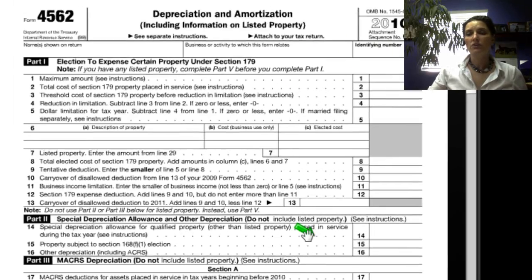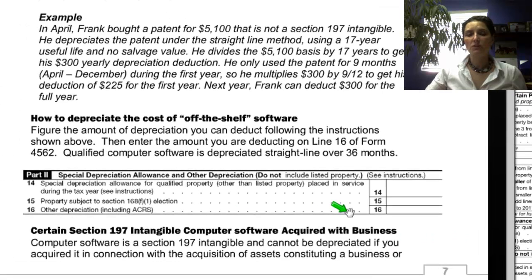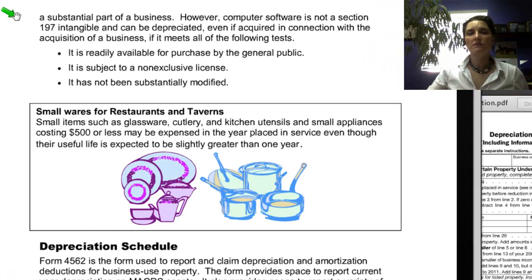Of course, looking over at Form 4562, this is Part 2, line 16, and in the manual I just have a blow-up of it here for you. Certain Section 197 intangibles: computer software acquired with a business. Computer software is a Section 197 intangible and cannot be depreciated if you acquired it in connection with the acquisition of assets constituting a business or a substantial part of a business.